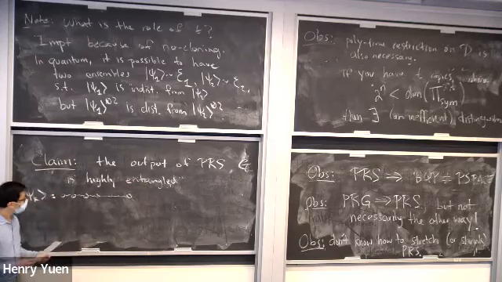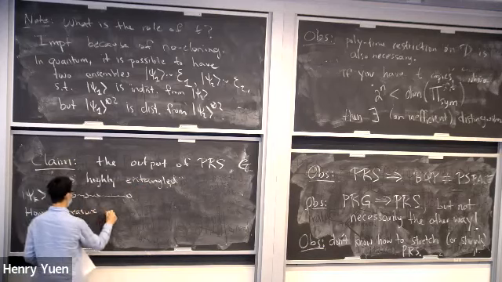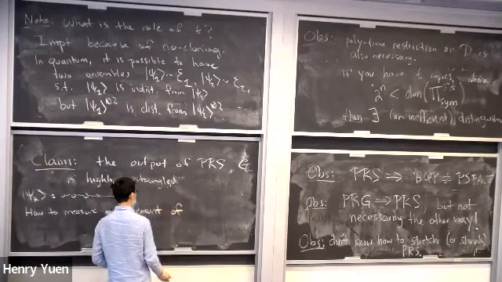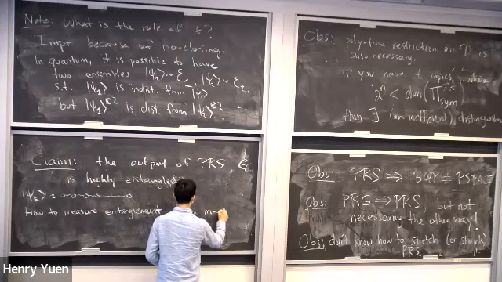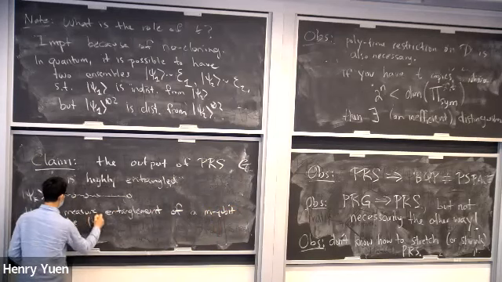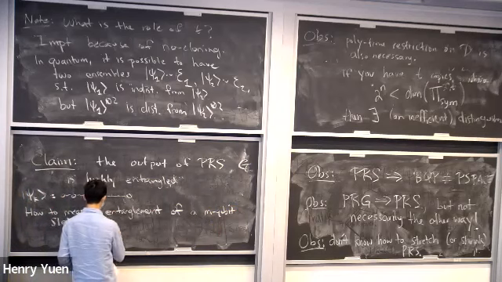So let's prove this, and I have to first explain how we quantify what it means for something to be highly entangled. There are many different ways of measuring entanglement. In this case, we're just going to measure it via something known as the purity of a state. So if we have m qubits here, we can say that it's highly entangled if, so here's the definition.